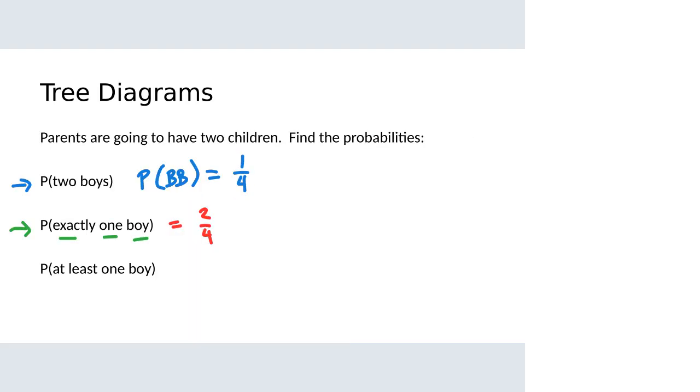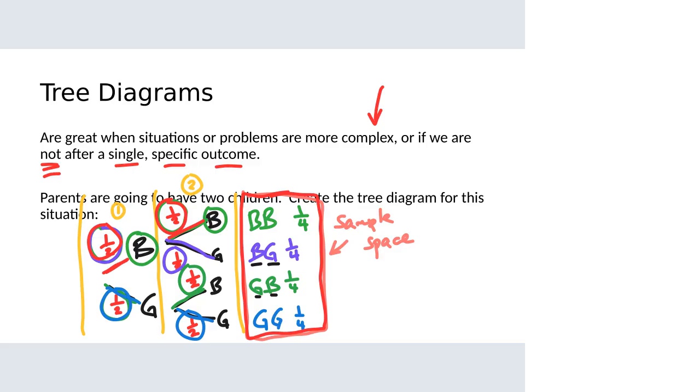All right. The last one here said, what is the probability of getting at least 1 boy? At least one boy. All right, let's see. So boy followed by boy. Yep, there's at least one boy in there. Boy followed by girl. Yep, there's at least one boy. Girl followed by boy. Yep, there's at least one boy.